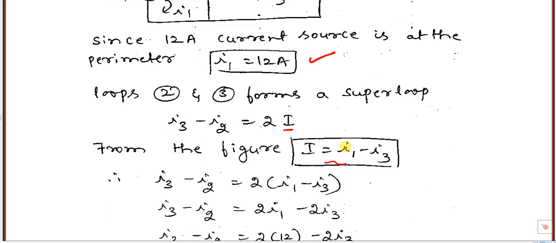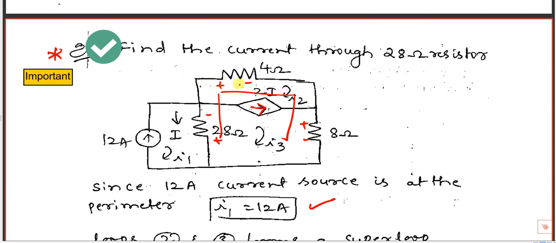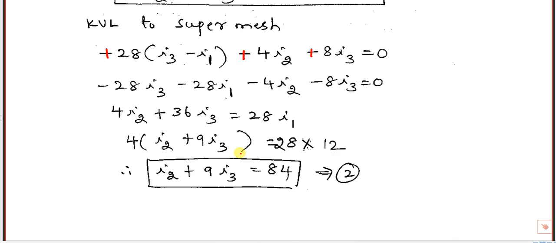It is clockwise only. From this, you will get the second equation, 4 I2 plus 36 I3 is equal to 28 I1.